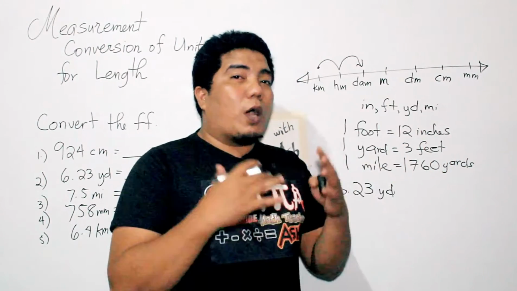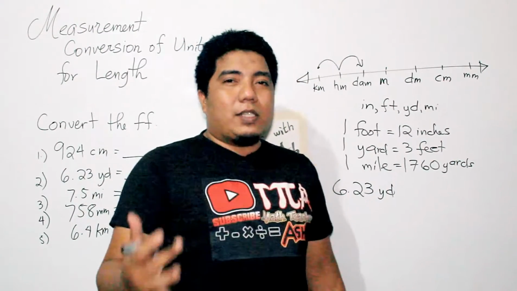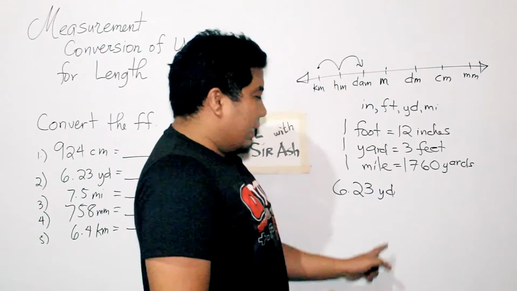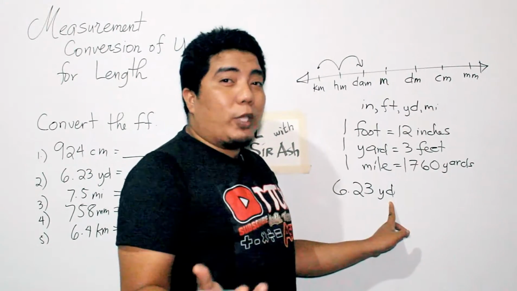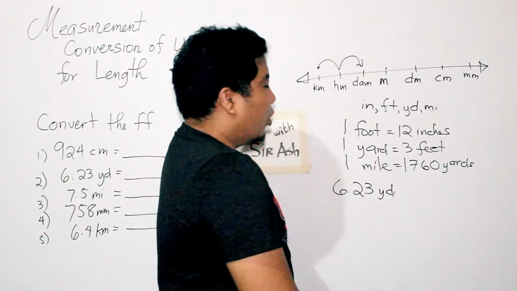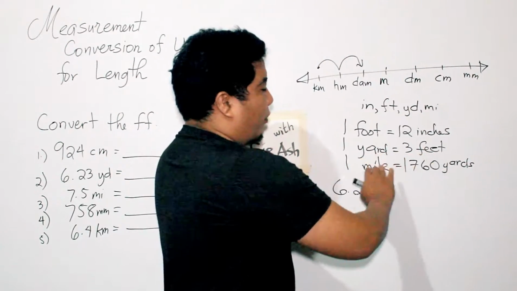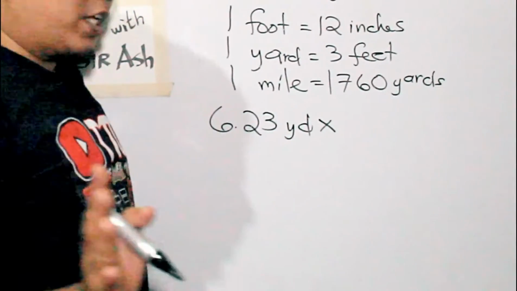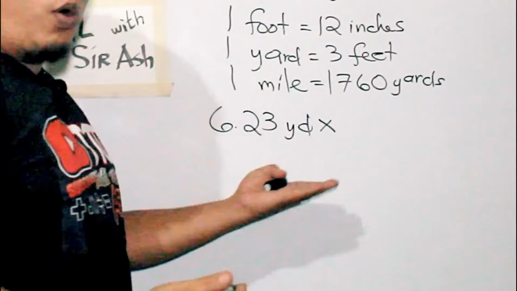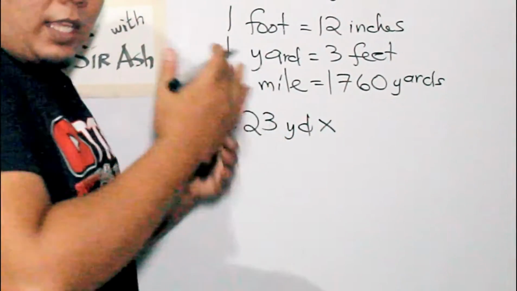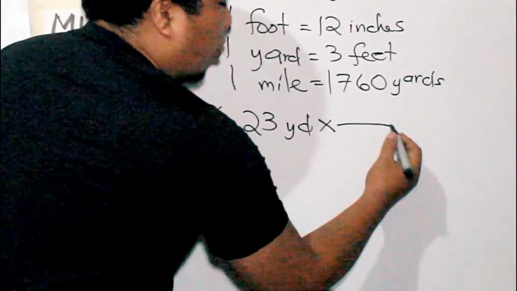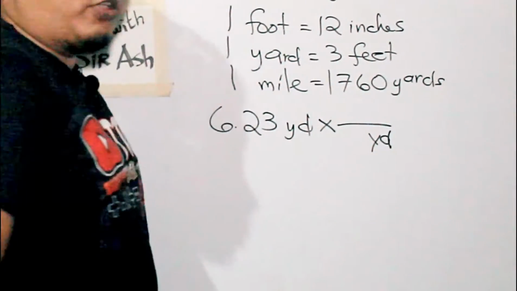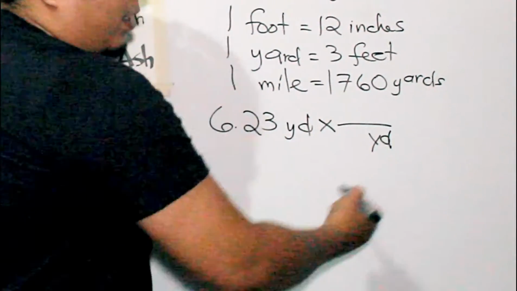We will make a ratio out of that. So how is this made? You just multiply by a conversion ratio. Since this is yard, and we will be going to feet, we have here the ratio for yard to feet. Since your yard is in the numerator side, your yard should be in the denominator side so that it can be cancelled.